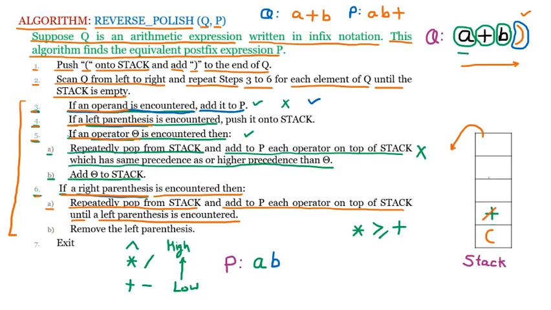Plus will be popped and it will be stored after the postfix expression. Then afterward, pop out the starting bracket, and now there is nothing to pop out. So it is saying that remove the left parenthesis. The left parenthesis we have already removed from the stack.